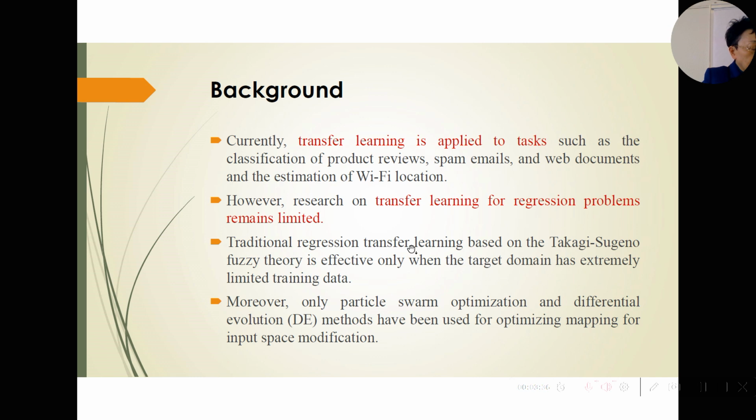This indicates a highly restricted domain environment, making application to real data sets challenging. Moreover, only particle swarm optimization and differential evolution methods have been used for optimizing the mapping for input space modification.